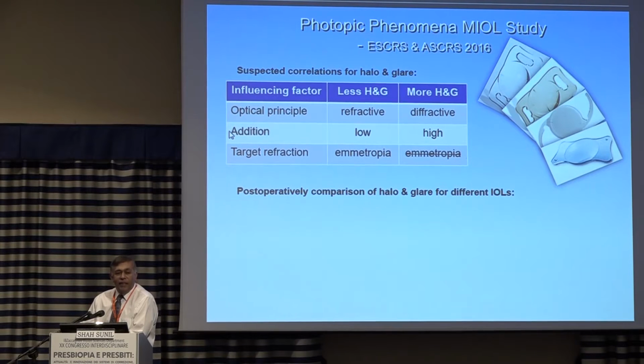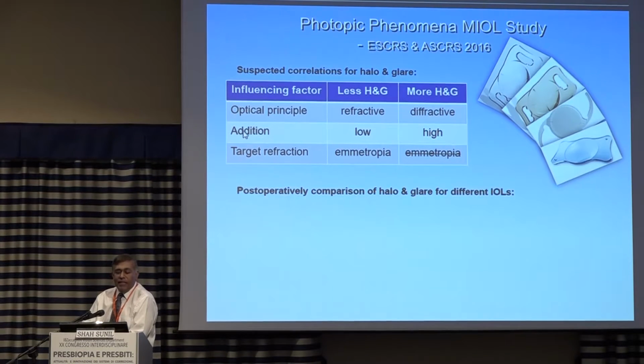As you'd expect with the additions, the higher the addition, the more halos and glare you get. The lenses which were produced initially were quite high-add lenses, and the tendency now has been to drop the addition down further and further, one reason being to reduce the halos and glare. And of course, if your target refraction is 0, you need to get on target with your biometry. If you're not on target, you will increase your halos and glare.